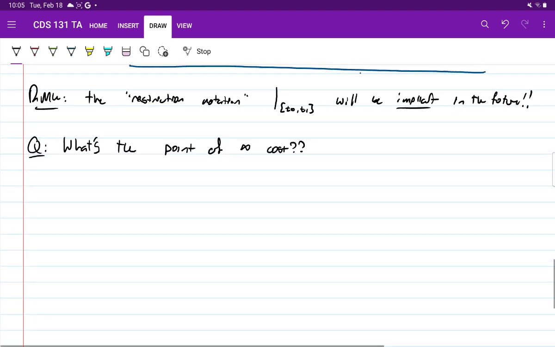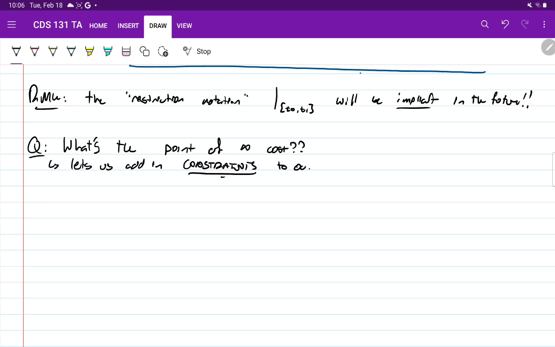So what this infinite cost kind of gives us the ability to do is it lets us add in constraints to our optimization problem. So let's consider the example of the car.